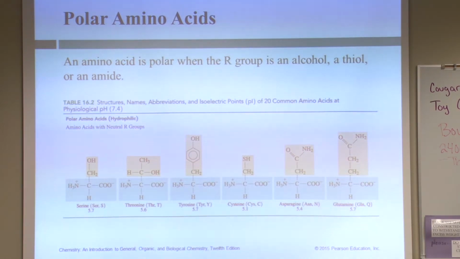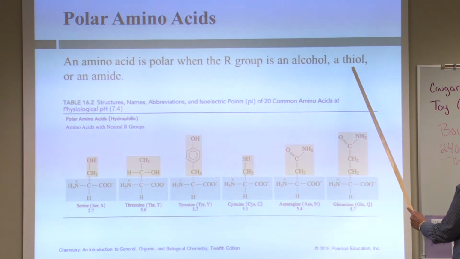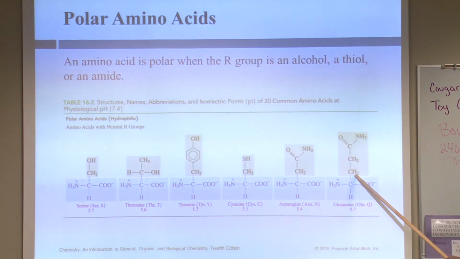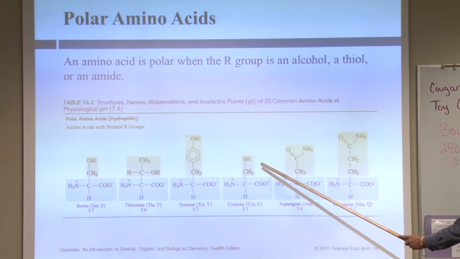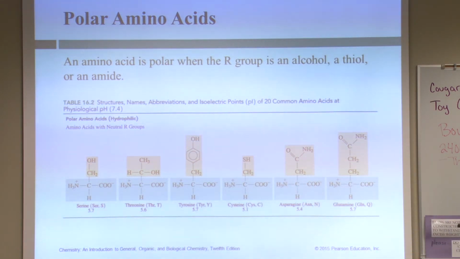Now, we are looking at a group of polar amino acids. An amino acid becomes a polar amino acid when you have an alcohol, a thiol, or an amide in the R group. Thiol is this. We have talked about thiols. Amide, alcohol, phenol, we see aromatic alcohol.